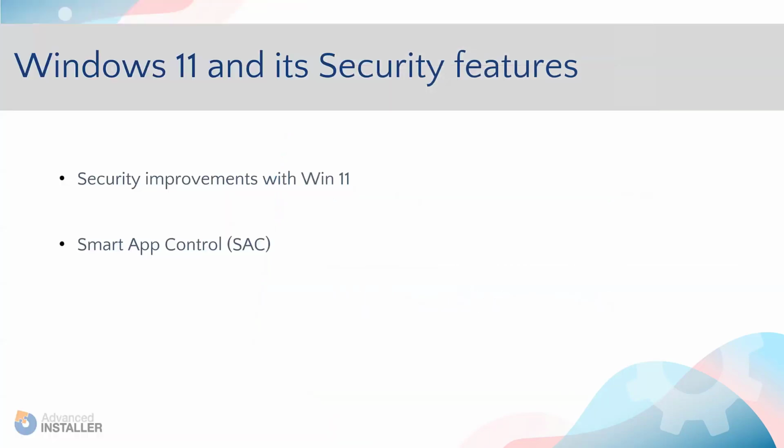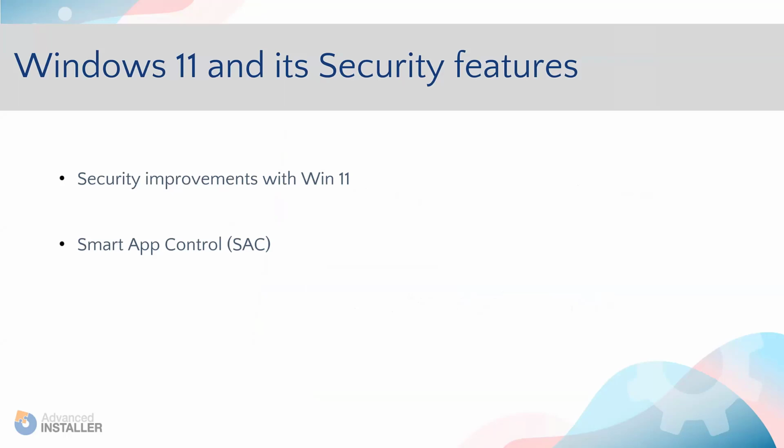Besides the hardware requirements that bring security enhancements for Windows 11, for example, the enhanced kernel protection against potential threats, there are also software applications that are new with Windows 11. One of them is Smart App Control, which seems to be a combination of Windows Defender and SmartScreen. Smart App Control is a cloud service that tries to make a confident prediction about the safety of the app that you're running.